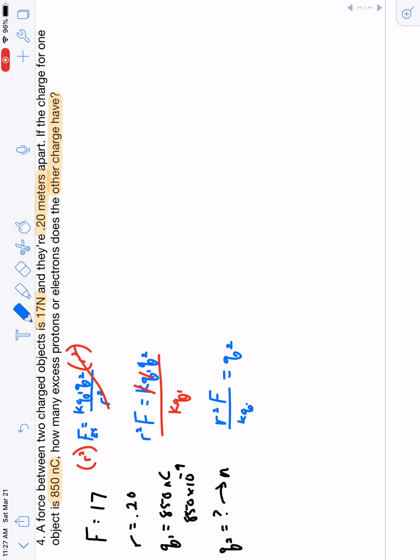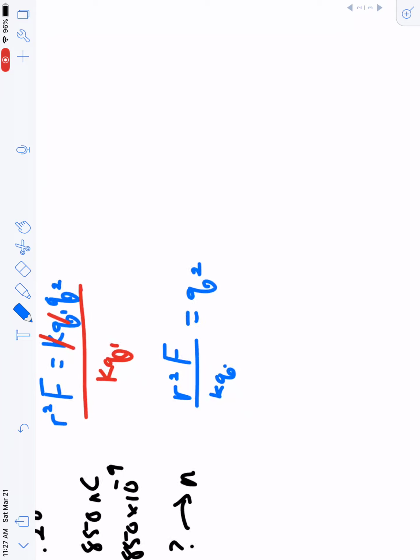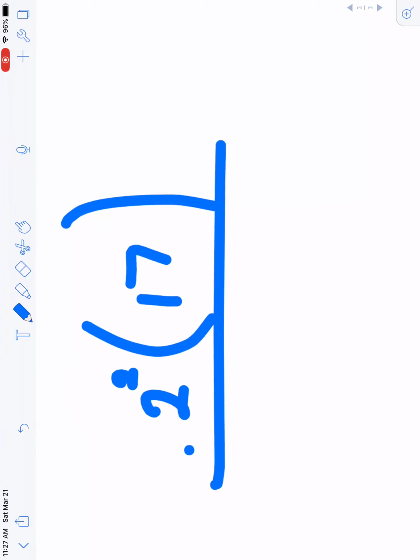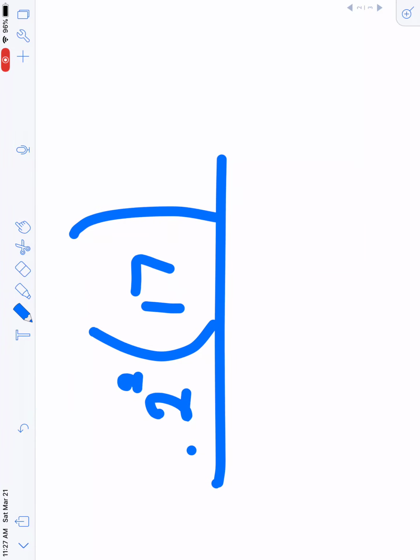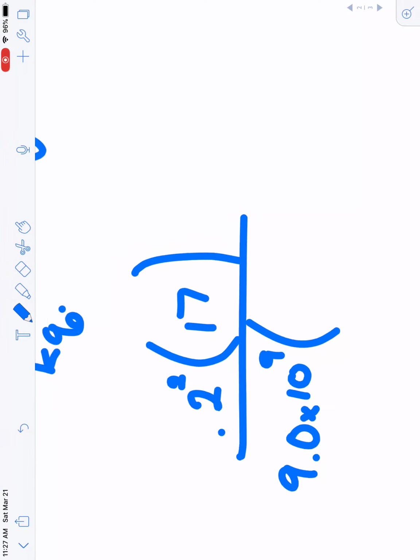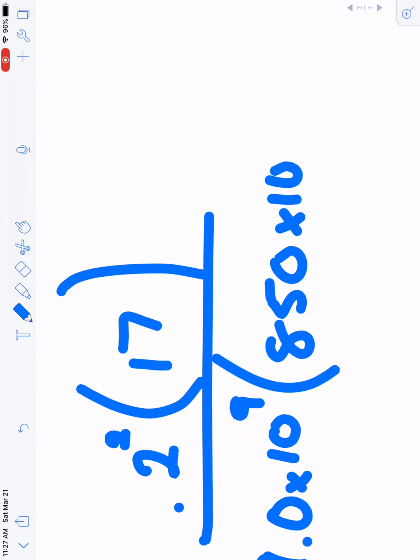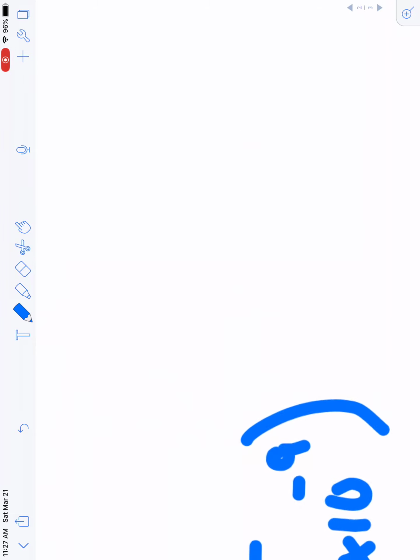We have our equation set up. All we have to do is plug in our information. So 0.2 squared times 17, divided by K, which is 9 times 10 to the 9th, times 850 times 10 to the negative 9th, is going to equal Q2.